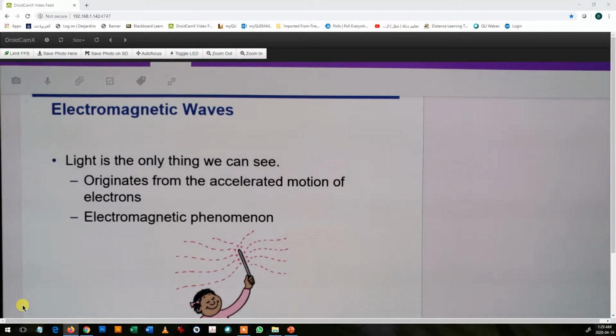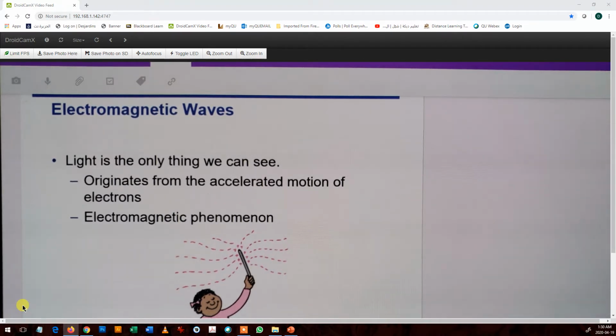Light is the only thing we can see in the electromagnetic spectrum. So we can say safely that a human being can see part of the electromagnetic spectrum, which is light.